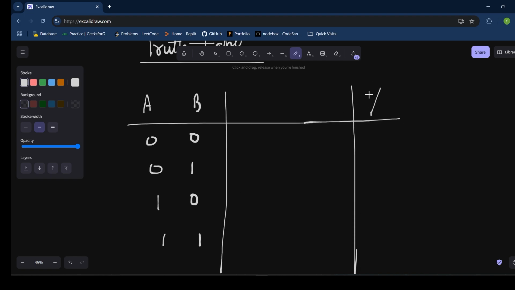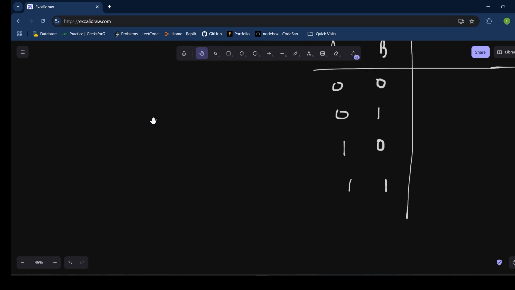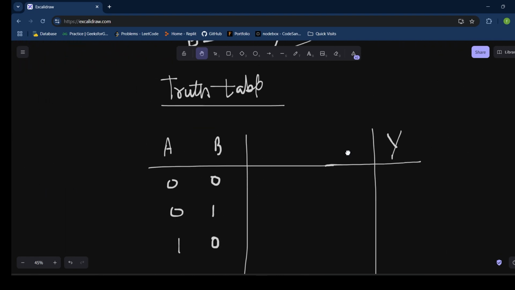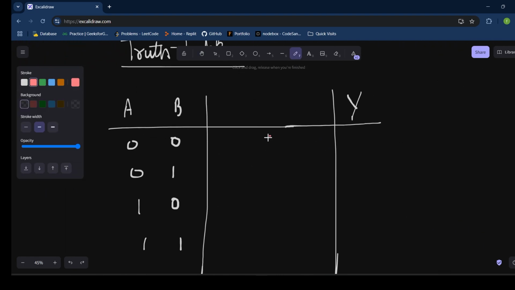And here also the output. First, again write the output of OR gate, that is 0 1 1 1. So 0, 1, 1, 1. This is the output of OR gate.